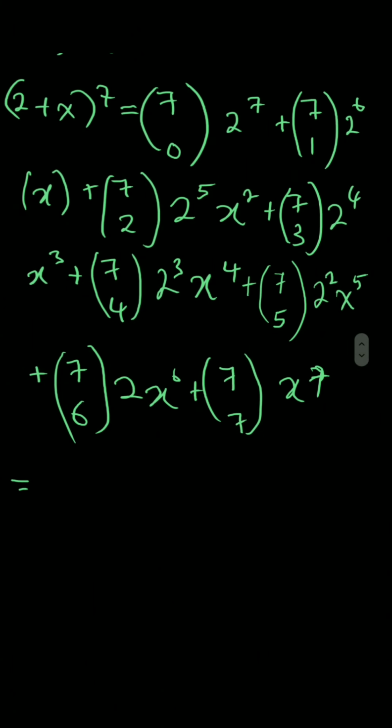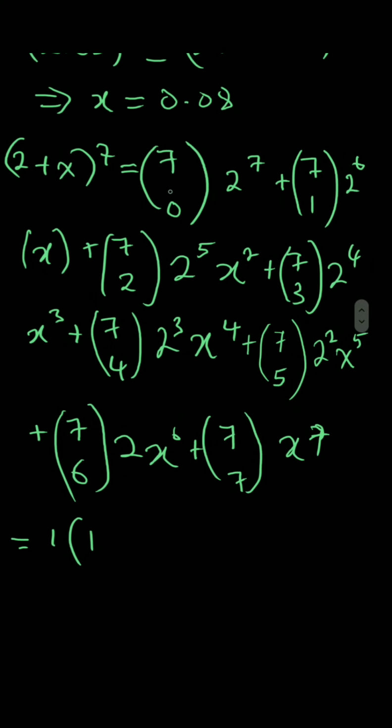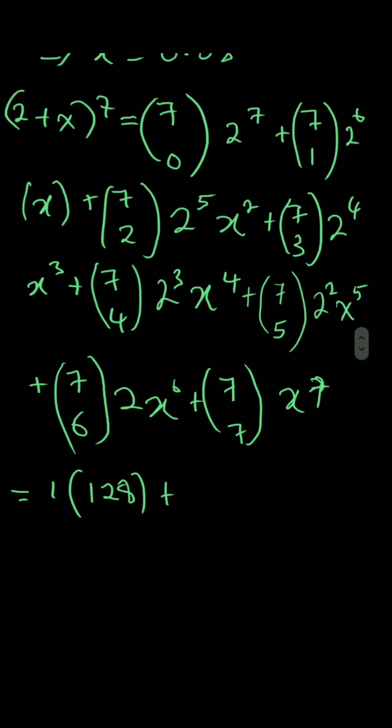Now let's expand this. The first term will be a 1 multiplied with 2 to the power 7, which is just 128. So 2 to the power of 7 gives us 128. Then we say plus 7 choose 1 will just give us a 7, multiplied with 64x.